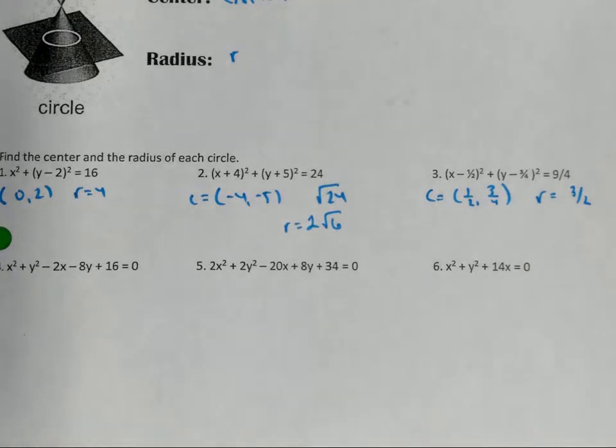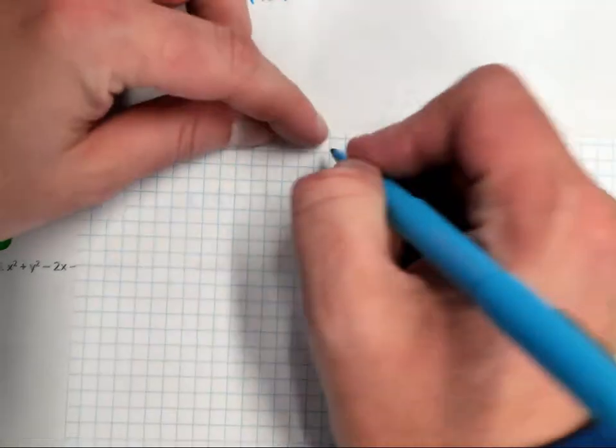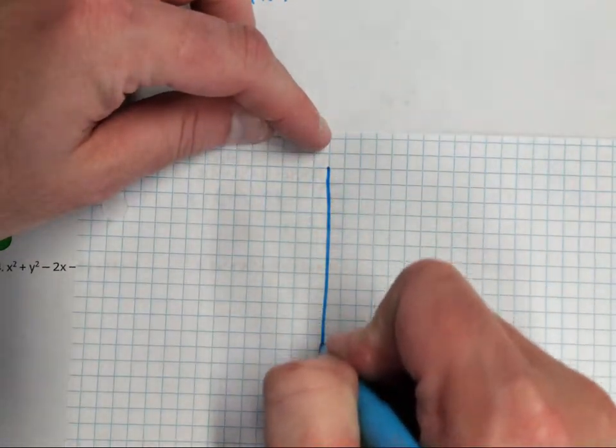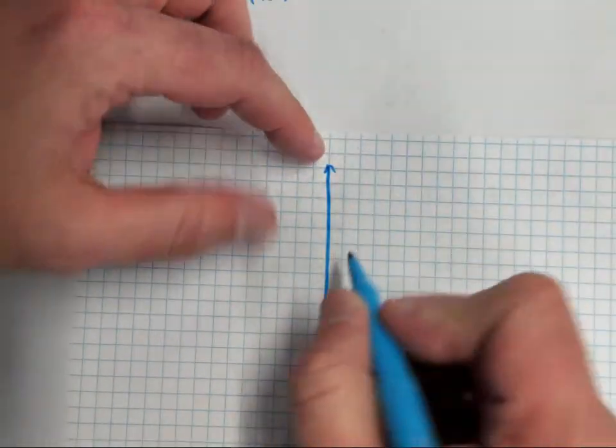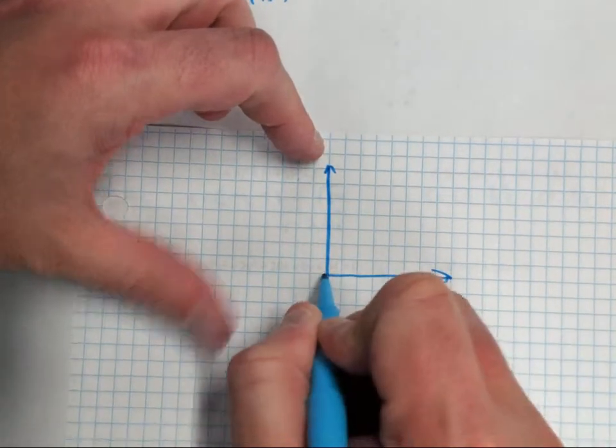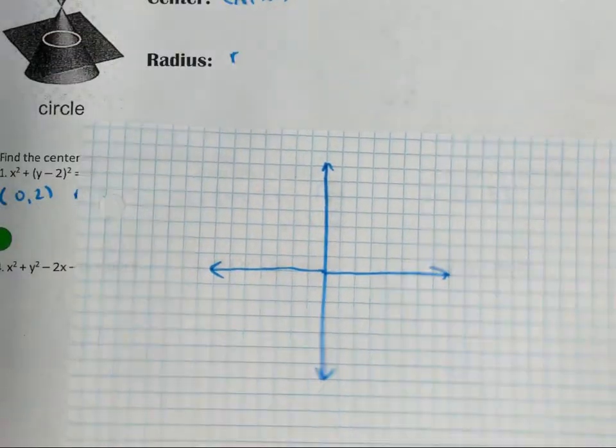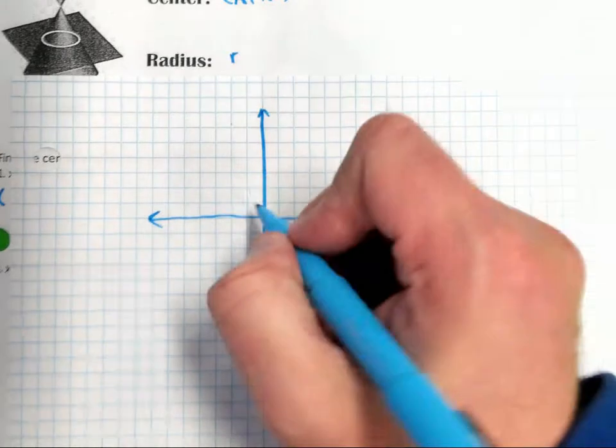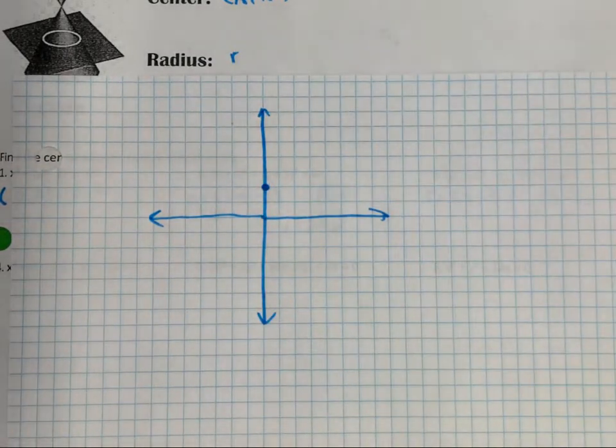Now let's make sure you know how to graph these in case I ask you to graph one of these. I'm not going to ask you to graph anything like number 3, but let's look at 1 and 2. I said my center's at 0, 2. My radius is 4.